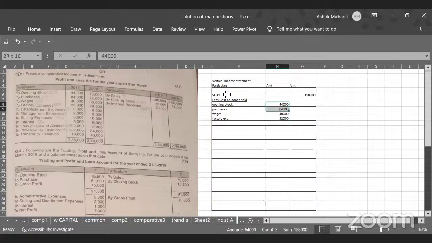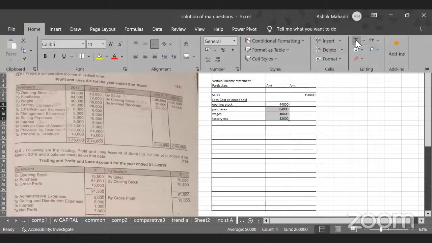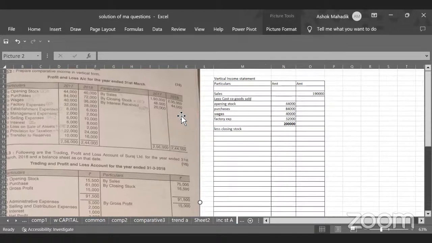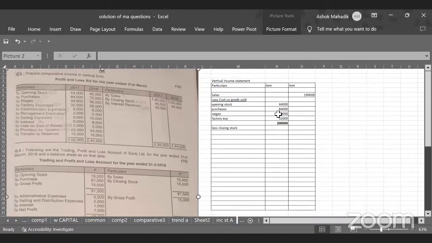So we'll add this, and from this we'll subtract closing stock, less closing stock. Closing stock is how much? 46,000.